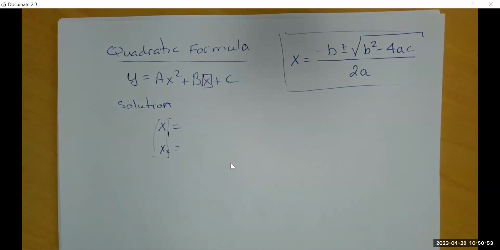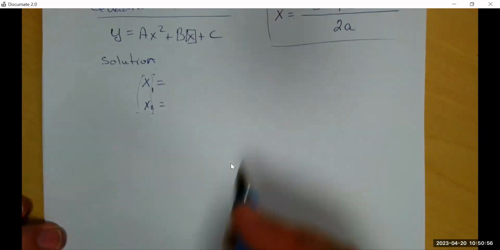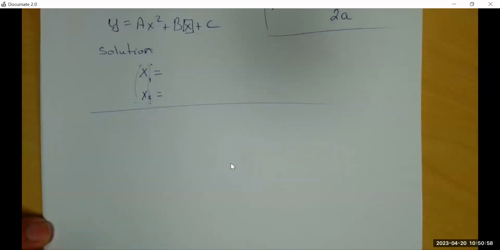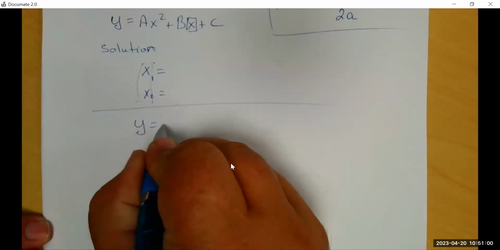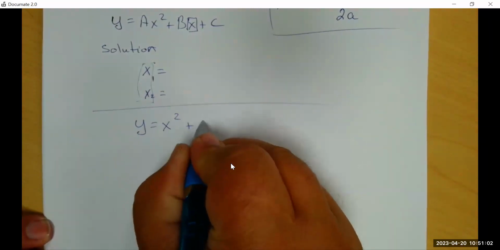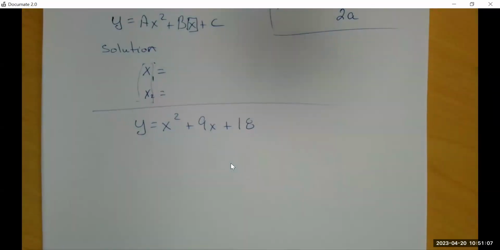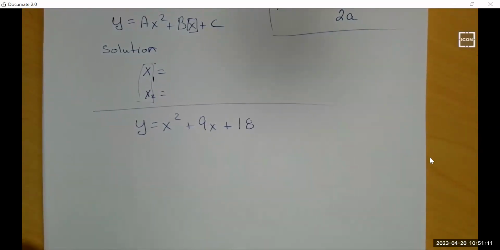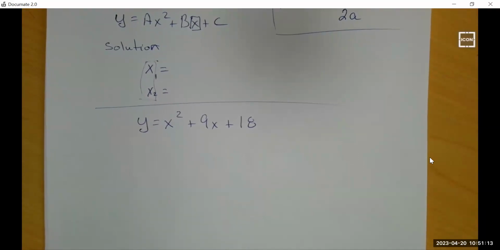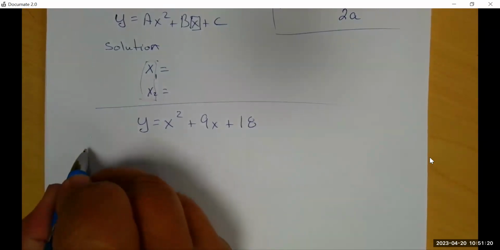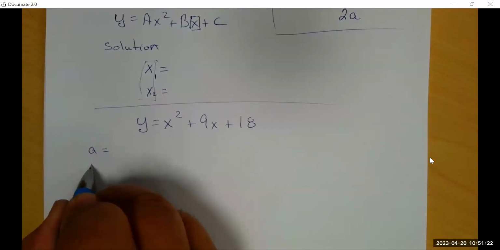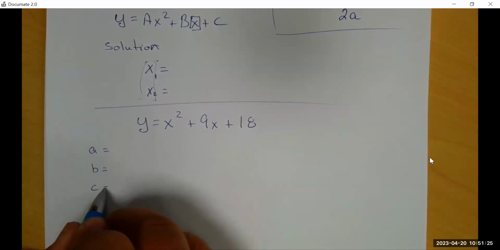Let's see. So our first example: x squared plus 9x plus 18. I'm going to use the same examples we just did to show you how it works. To use the quadratic formula, the first thing you have to do is label a, b, and c.